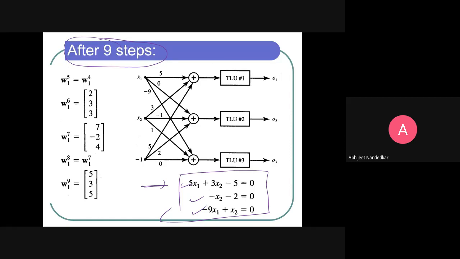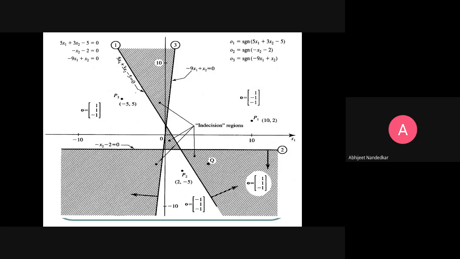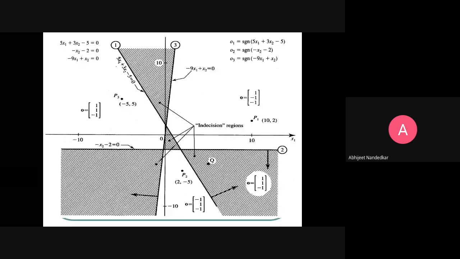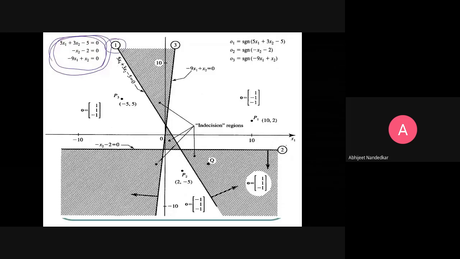What it means and how the different classification regions appear, we will see in the next class. But I can show you that right now. These are the classification regions, and these three lines are implemented by 3 neurons. This is line number 1 by neuron 1, this is line number 2 by neuron 2, and this is line number 3 by neuron 3. This is the region for class 3. This is the region for class 1, and this is the region for class 2.